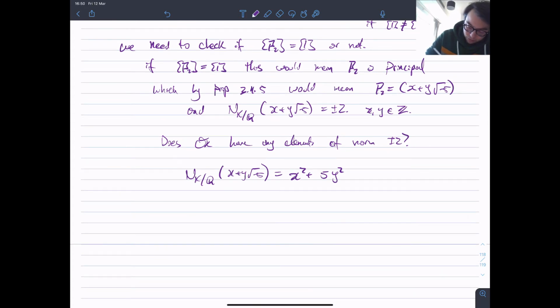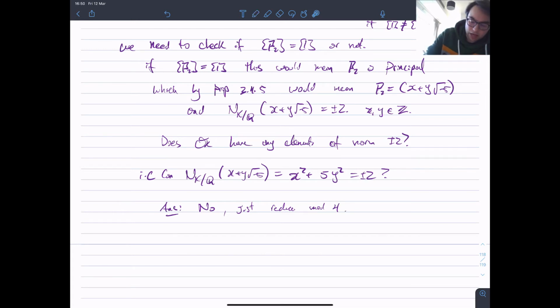Does O_K have an element of norm 2? I.e., can this thing equal plus or minus 2? Answer: no. The usual case is reduce mod 4.